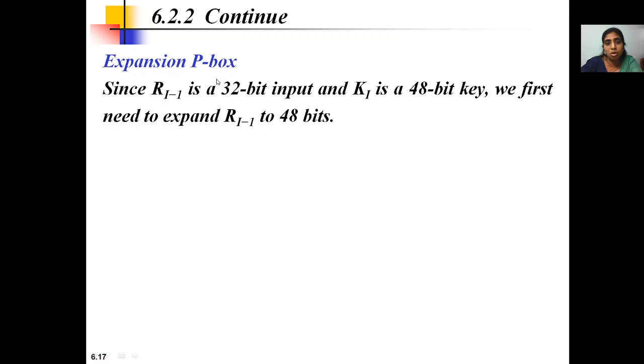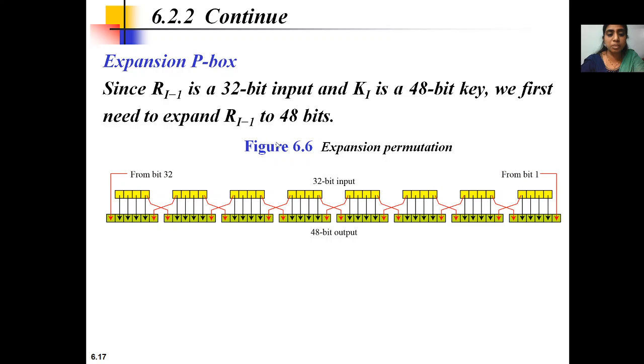Coming to the first function in the round function, that is the expansion P box. We have 32 bits as input and we need to change the 32 bits to 48 bits to match the key. So how are we going to expand?